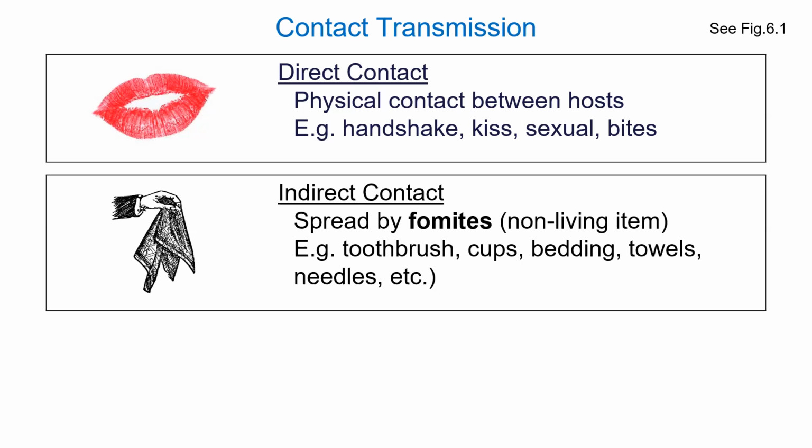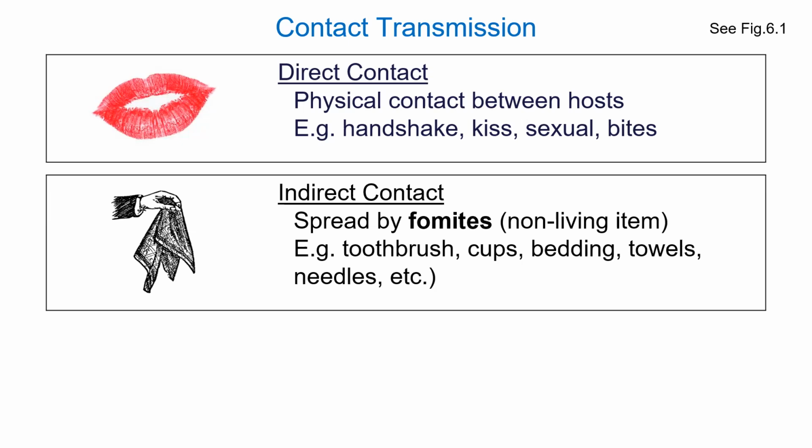So anything that is inanimate is something called a fomite. Sometimes you're sharing things, water bottles, toothbrushes, don't share toothbrushes. But bedding, towels, you can imagine a huge list of things, gowns and clothing in hospitals and things like that.